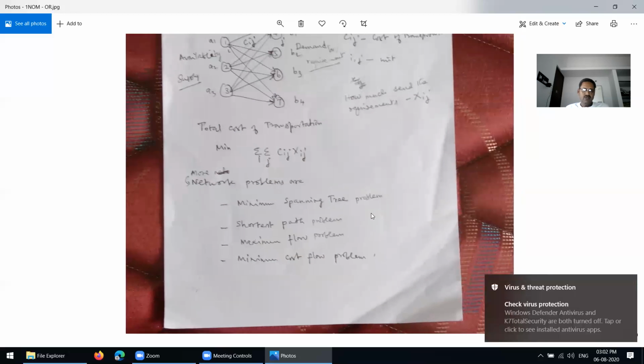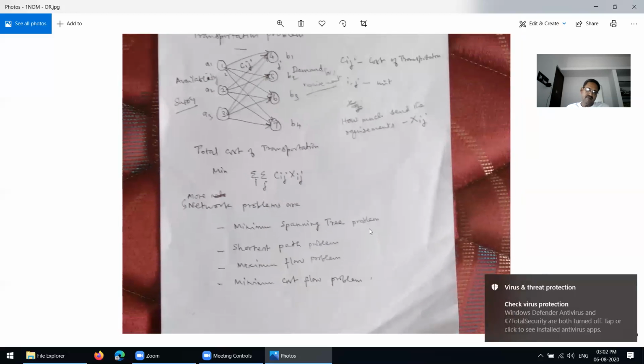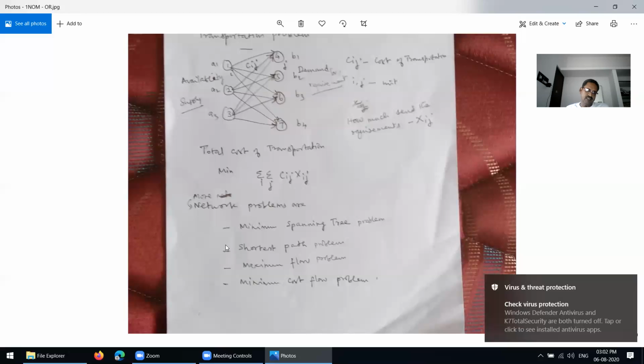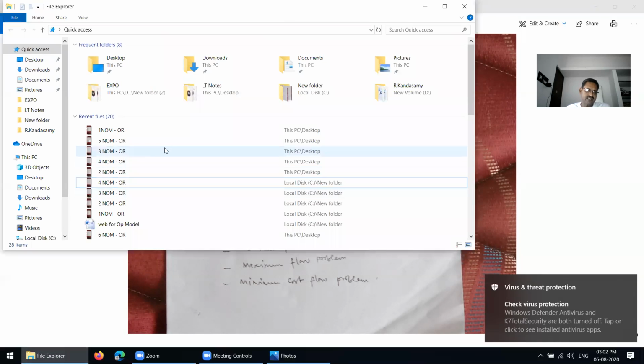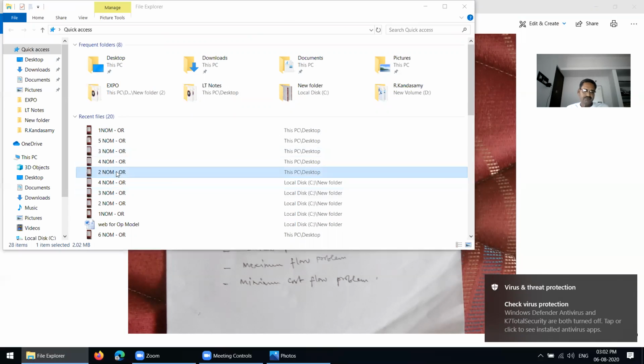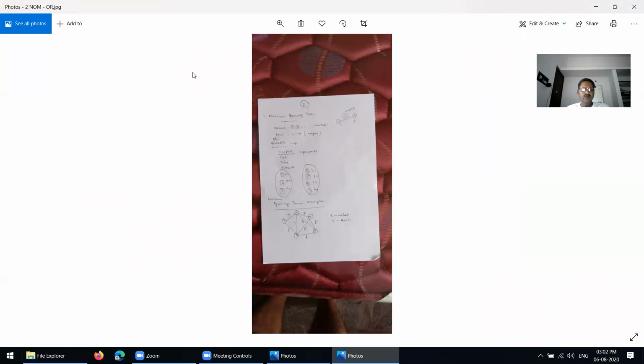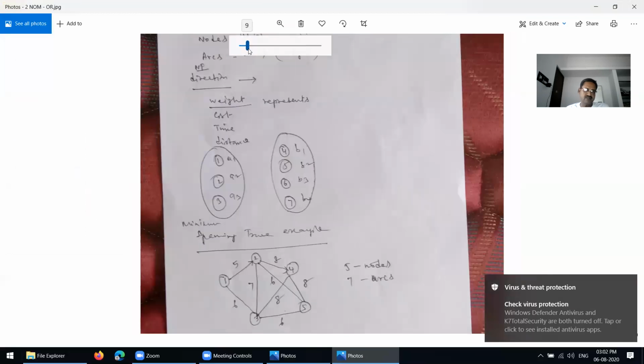Now here the minimum spanning tree does not have directions. The other three have both directions and weight. The first one, the minimum spanning tree, does not have directions.